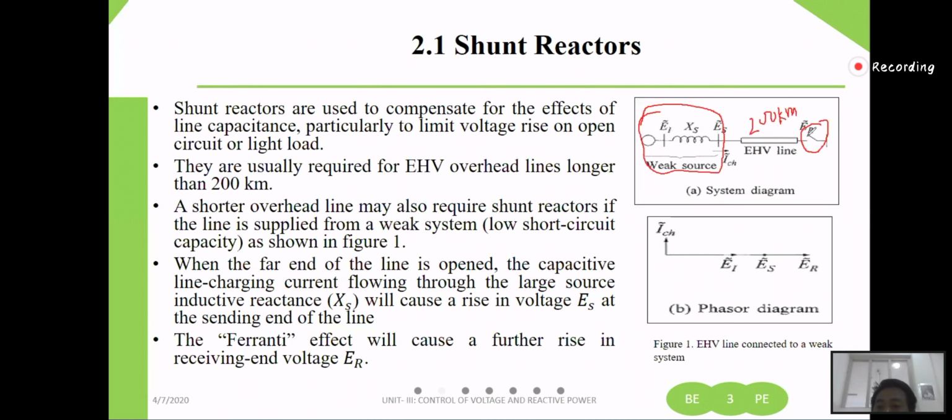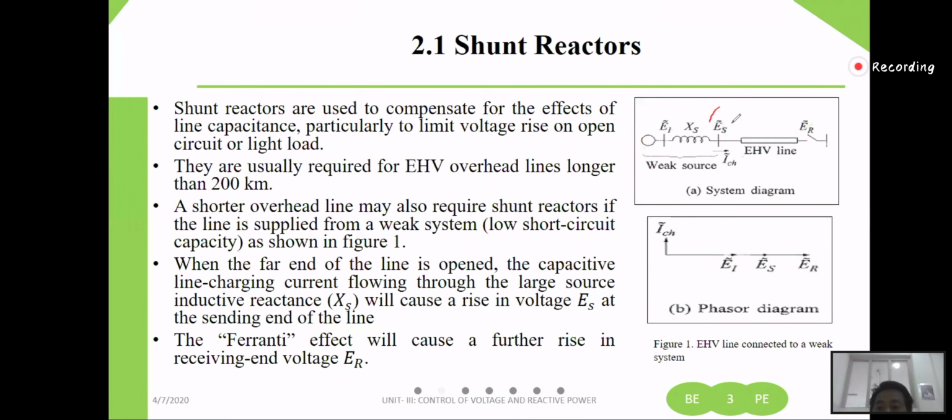Then the capacitive line charging current, ICH, will flow through the large source inductance, because it will have an inductive reactance XS, and it will try to rise the sending end voltage.